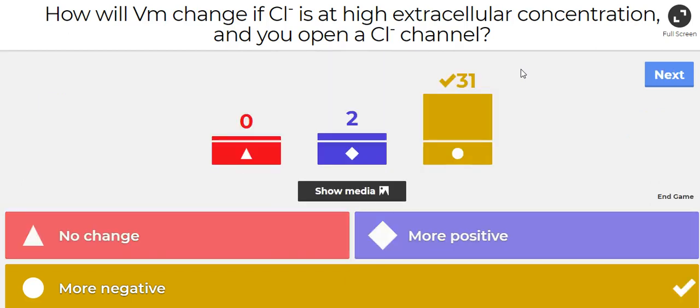The difference here, in both cases we got ions entering cells, going from high concentration outside to low concentration inside. But in this case, it's a negatively charged ion, so it will be adding negative charges to the inside. So good. Looks like we're in good shape.